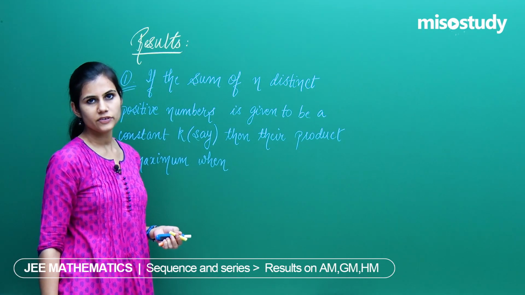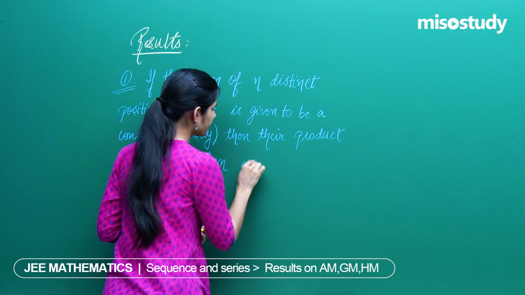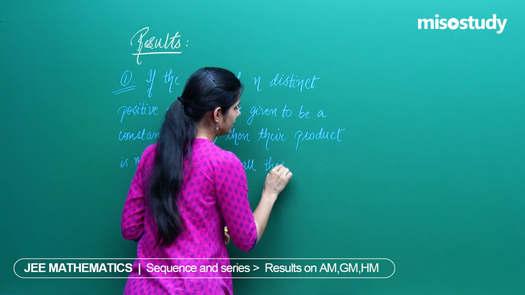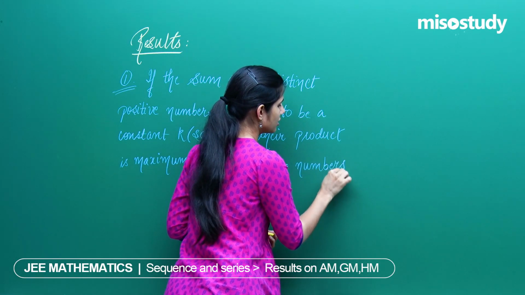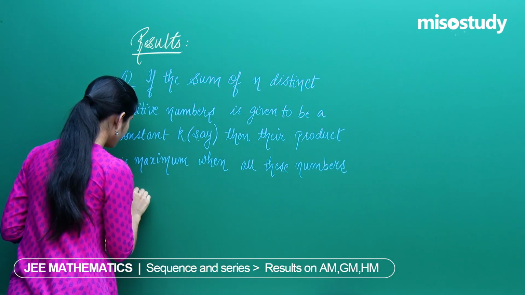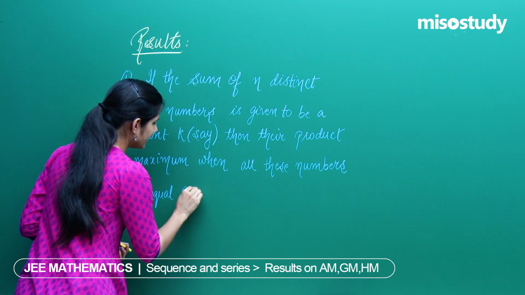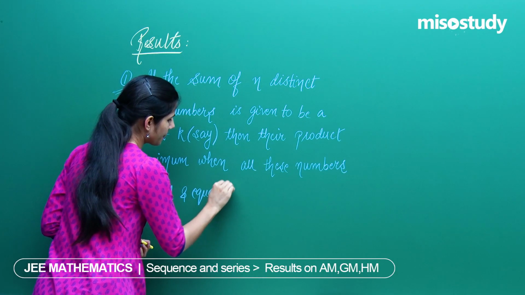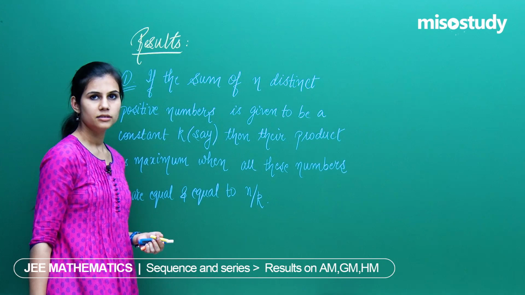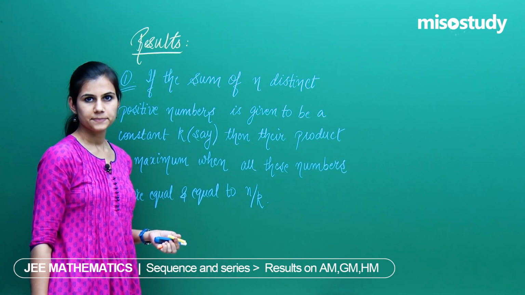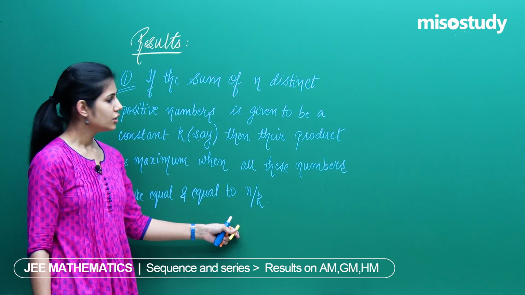If their sum is given to be constant, then their product is maximum when all these numbers are equal, and equal to k by n. Are you understanding? And equal to k by n.